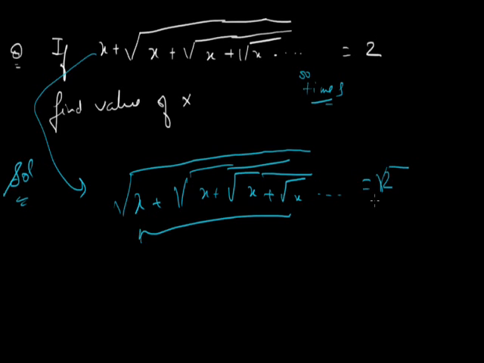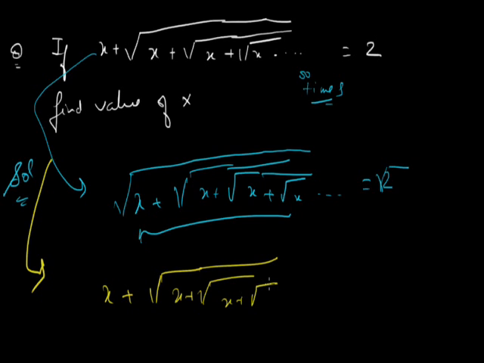Now see carefully. I'm writing the same equation again: x plus root x plus root x plus root x is 2, right? Now compare these two quantities. Are they identical? Yes, they are identical because you don't know where the infinity is.